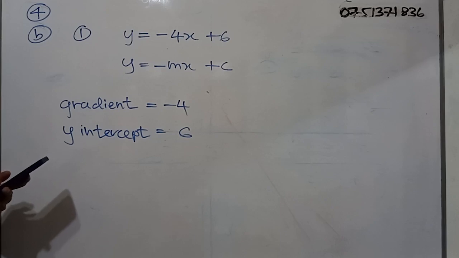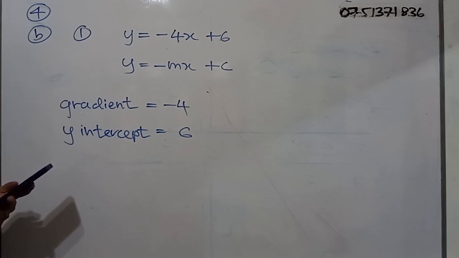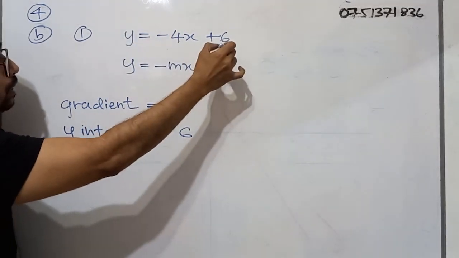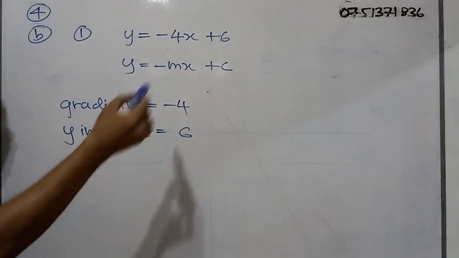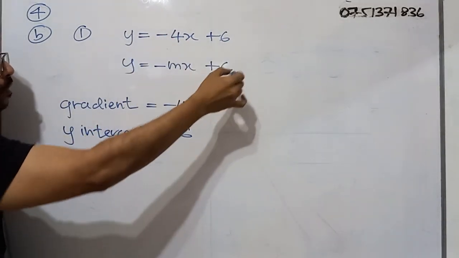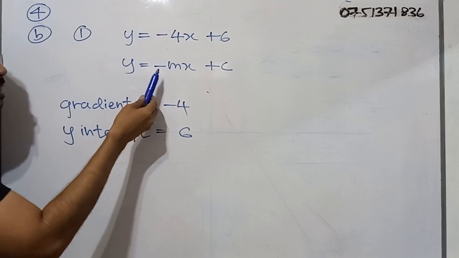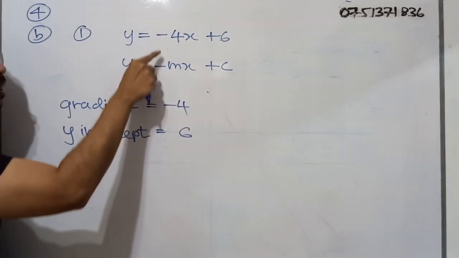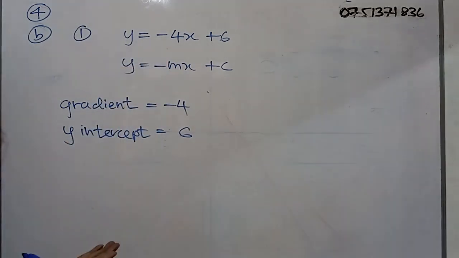Right, Part B, part 1. Without drawing the graph, write the gradient and intercept of the function y minus 4x equals 6. Now, this is the equation that has been given to us. It is already in the form of y equals mx plus c. m is negative because the gradient here is a negative value.